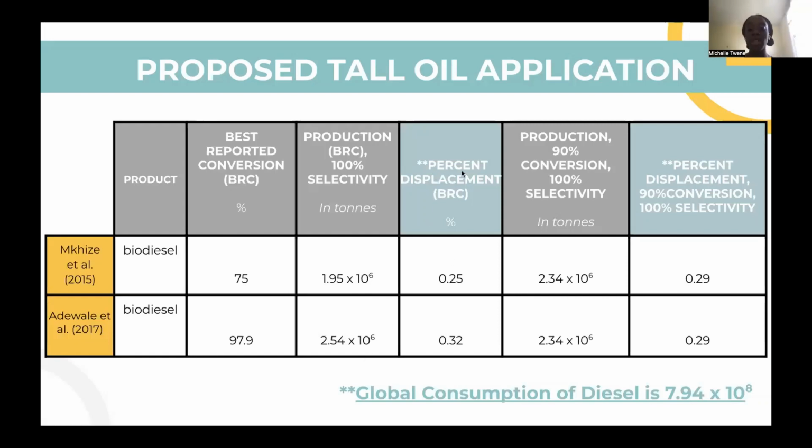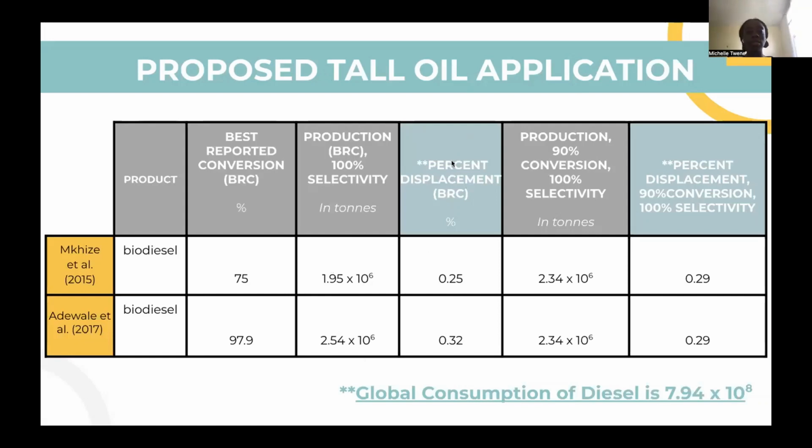For the column that says percent displacement, I checked how these production values of biodiesel would compare to the demand of petroleum diesel. Down at the bottom, I have a link that shows the amount of petroleum diesel consumption.